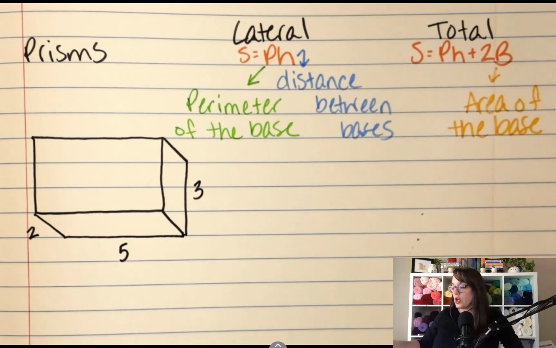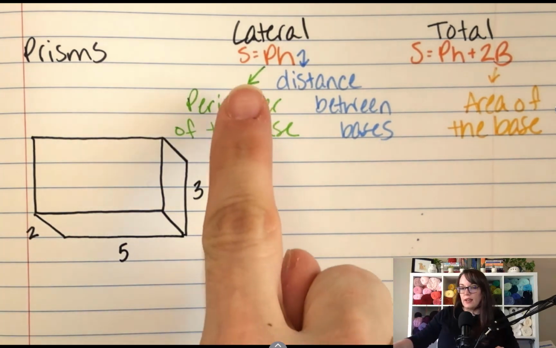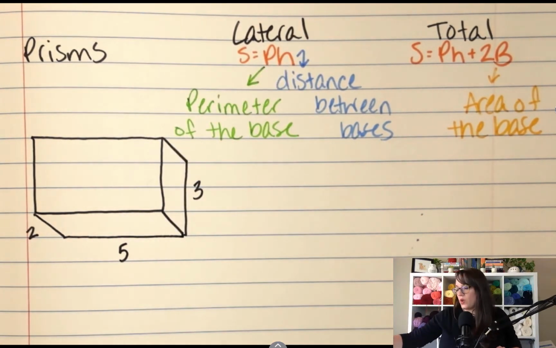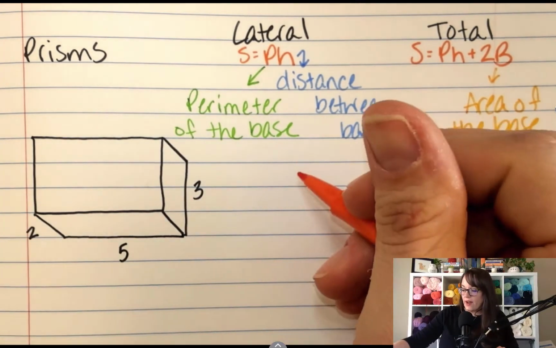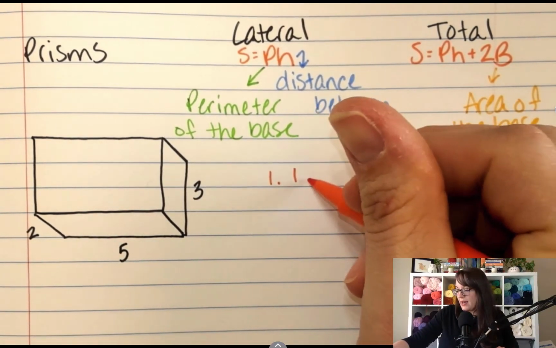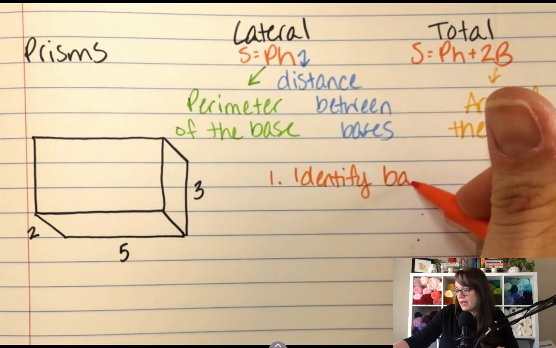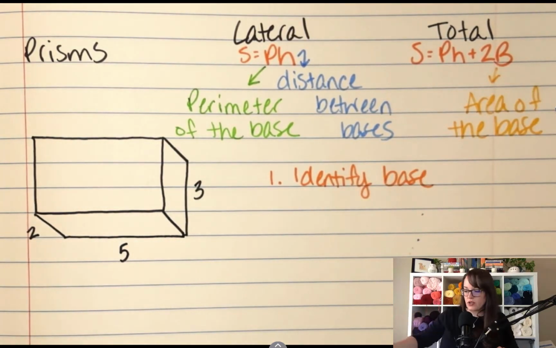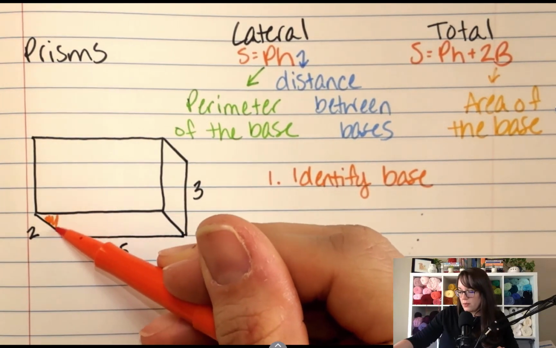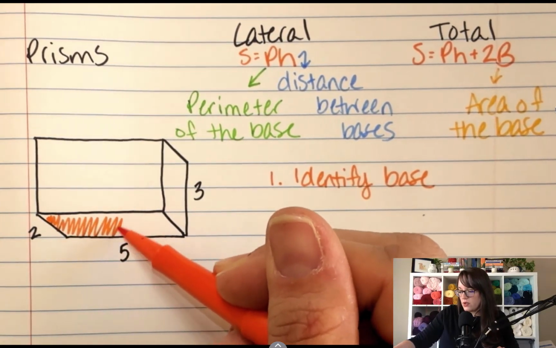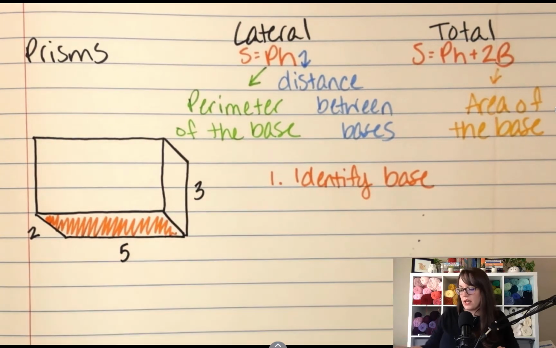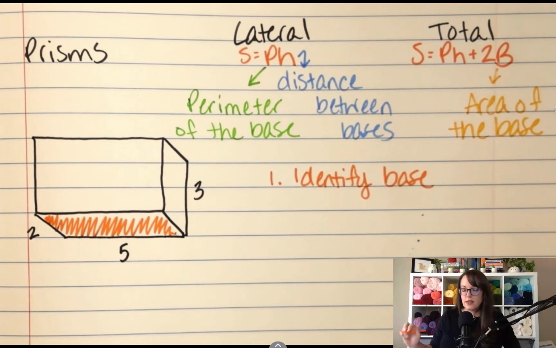All right. First thing I need to do is identify the bases. So step 1, identify base. I usually do that by shading. So for rectangular prisms, it's usually the bottom, not always the case. So I'm going to shade my base.